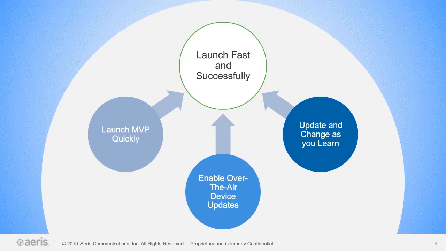The concept is a solution you can get out the door that enables you to gain initial traction in the marketplace, but it may not be the perfect solution down the road. So how can you balance launching that minimum viable product quickly while enabling you to develop and expand the value of your solution without having to replace those initial devices?